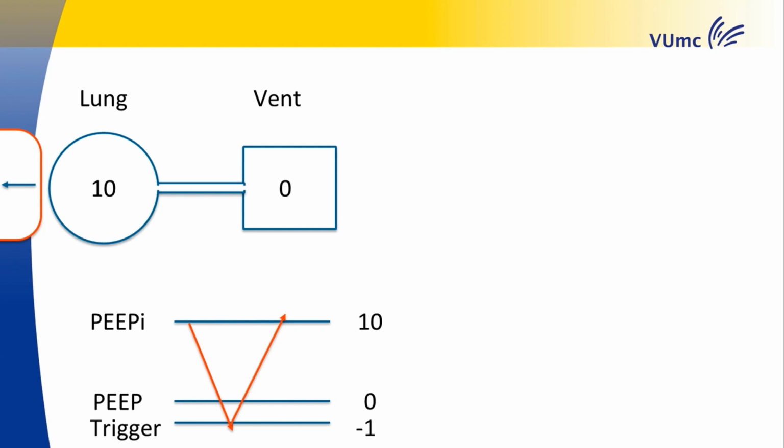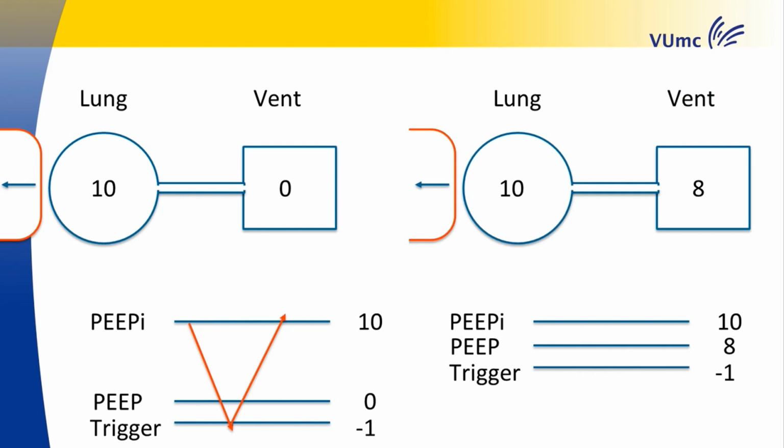Right? So now, if I add, say, 8 of extrinsic PEEP, it makes it much easier for the patient to trigger the ventilator. Because now, in this case, he only has to reduce the pressure here from 10 to 8, and one more to trigger, so by only 3 centimeters of water.